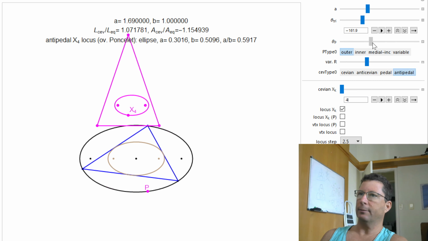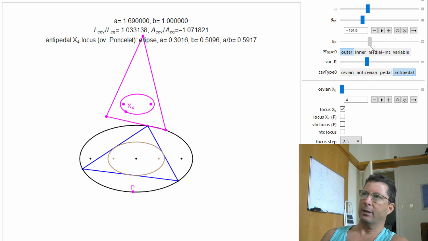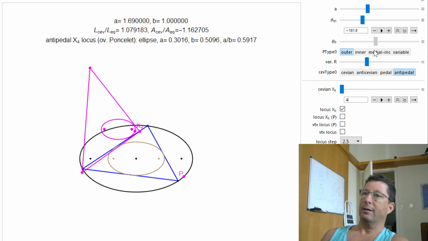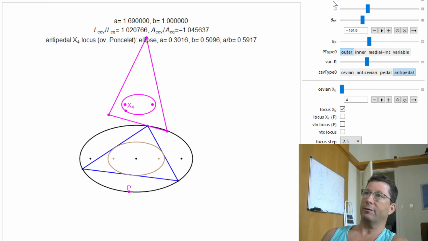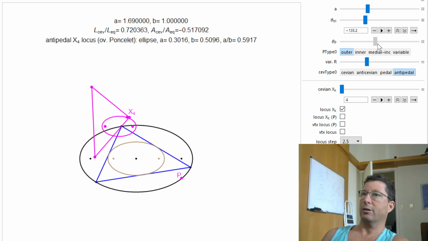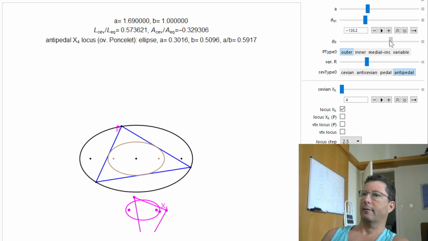It looks like this ellipse. No, the ellipse is not dynamically tangent, but it's always an ellipse. And it looks like wherever I place P, the axes of this ellipse, the minor and major axes of this elliptic locus, are invariable with respect to P, which is a cool thing. That's cool. All right.